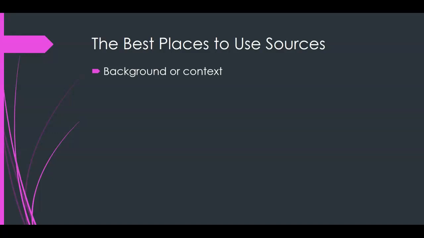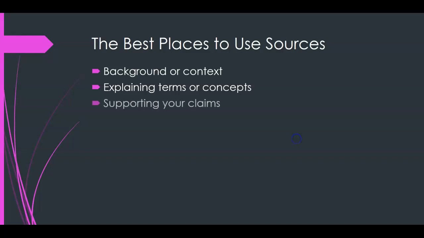So if you are looking at your higher education topic, then if you need to provide some background to the argument that you're trying to make or to the big issue that you are trying to deal with, that would be a good place to use sources. Whenever you have to explain terms or concepts, often turning to a source is a good idea, not necessarily for the definition, but for help understanding the definition or how that term or concept can be applied.